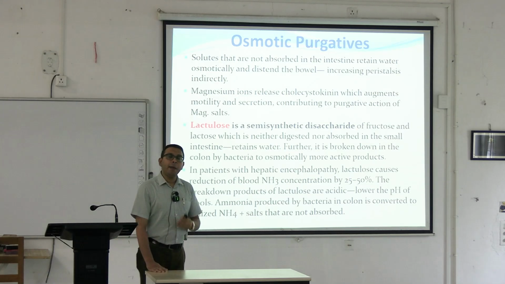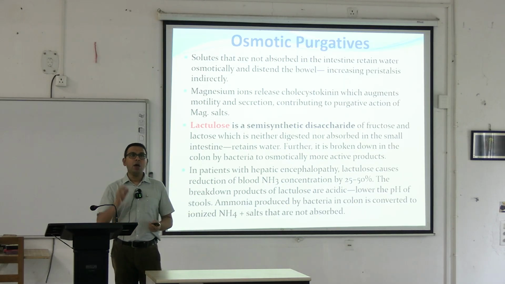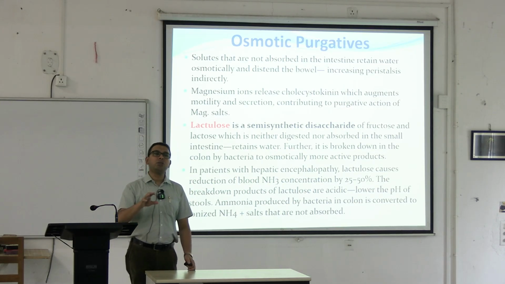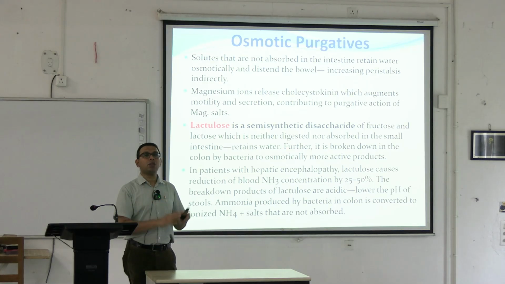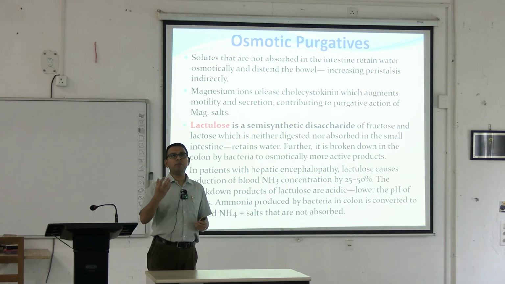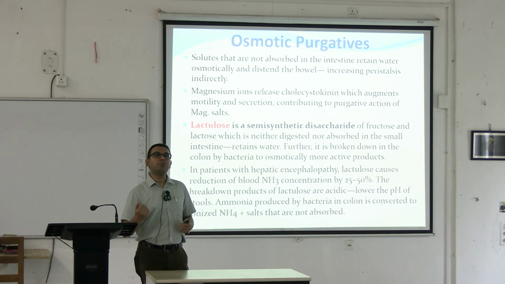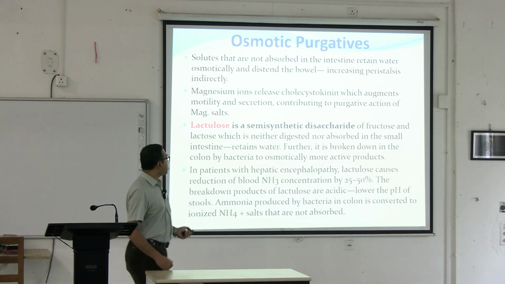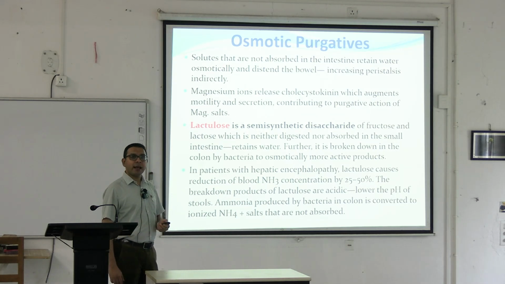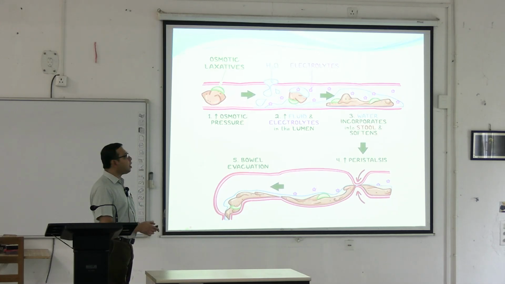So in hepatic encephalopathy, where there are changes in the bacteria, when we use lactulose, it not only relieves the constipation, it also converts the ammonia produced by the bacteria to ammonium ion, which ultimately relieves the hepatic encephalopathy. So lactulose is an osmotic laxative or osmotic purgative.